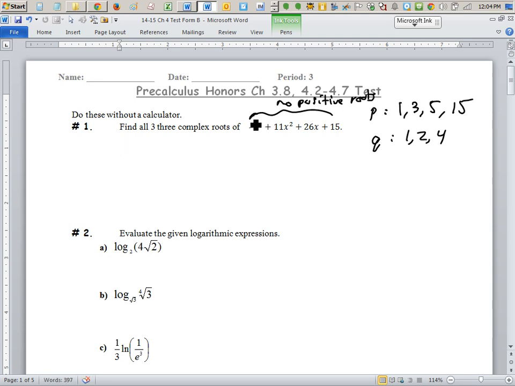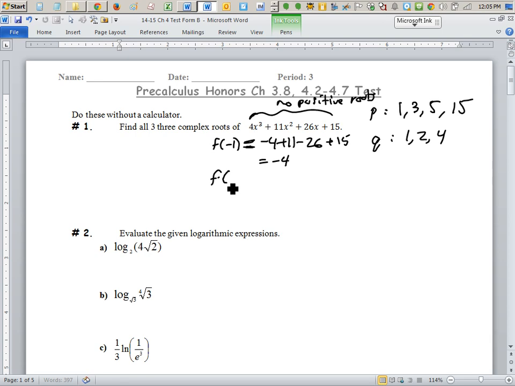The other thing I'm aware of on this problem is if I plug in -1, if you find f of -1, it's going to come out to be -4, plus 11, minus 26, plus 15. In other words, it's going to come out to be negative.